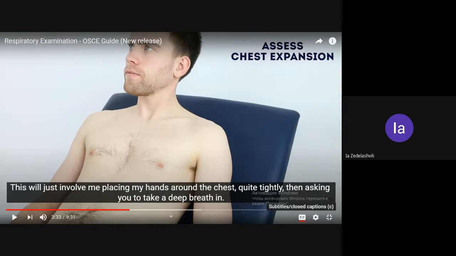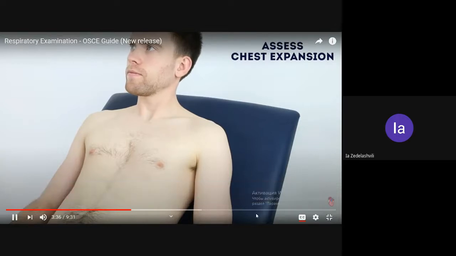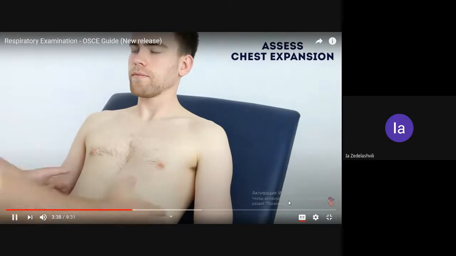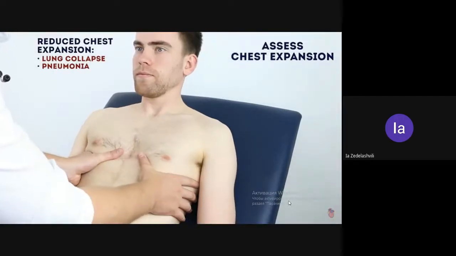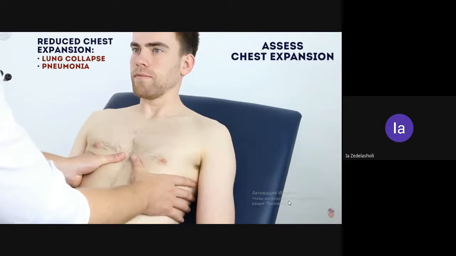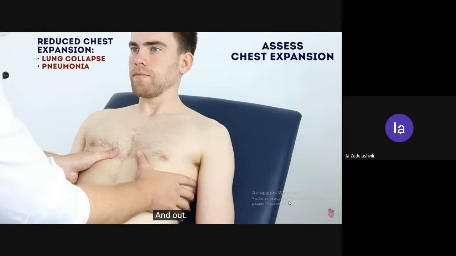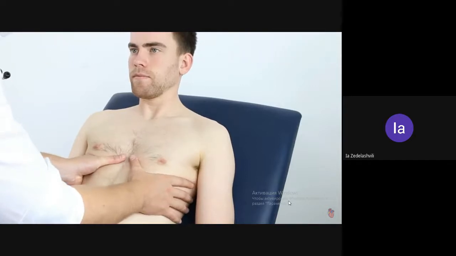It must be symmetrical at first. It must go at the same time and no problem exists. Look, my dear, he will show you right now. Quite tightly, then asking you to take a deep breath in. He will put hands on the chest, see? Take the fingers in the middle part. When he exhales, his thumbs separate, but from the midline, it is symmetrical.